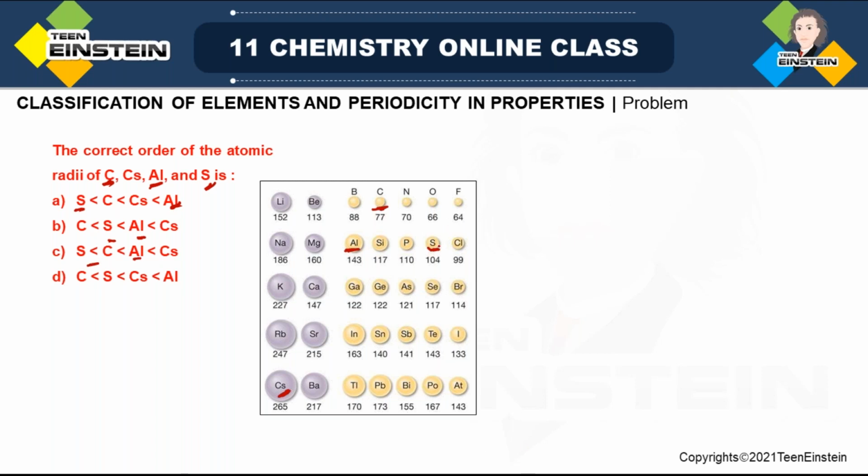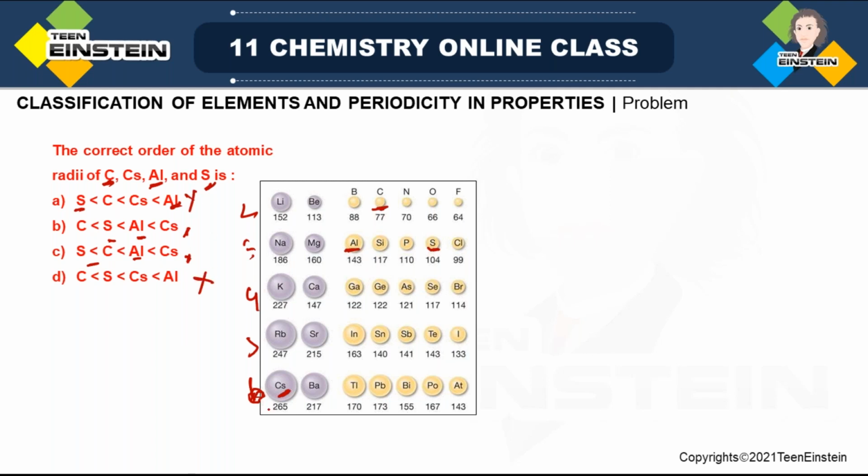Now see, cesium, it is at which period? It is second, 3, 4, 5, 6. So it is in the highest period. So obviously its size should be maximum. Now maximum size for cesium, based on that fact, you can choose only option B and C, right? You can cancel these two.